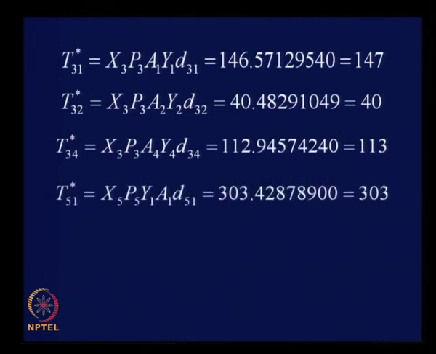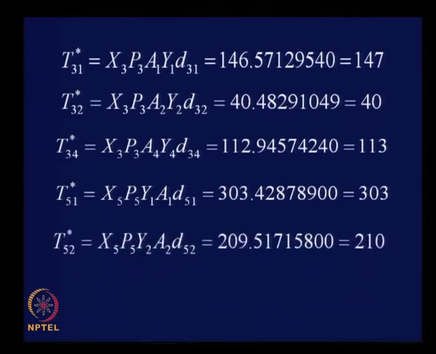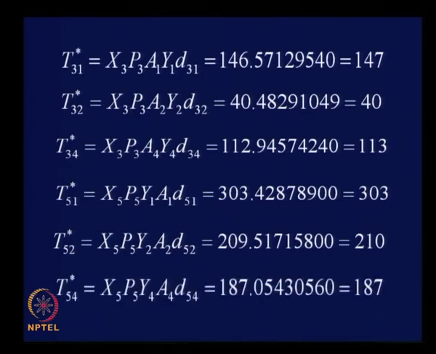T star 51, 303.4287 rounded off to simply 303. T star 52, 209.51 rounded off to 210. T star 54, 187.05 rounded off to 187, right.